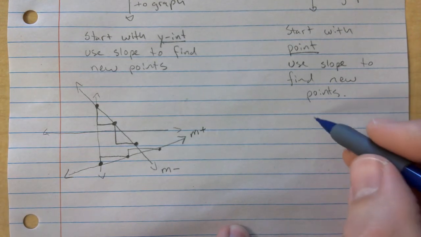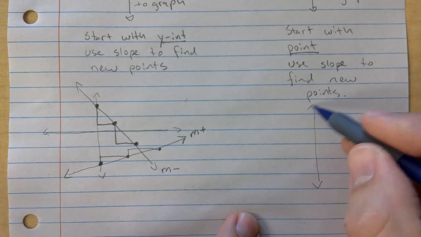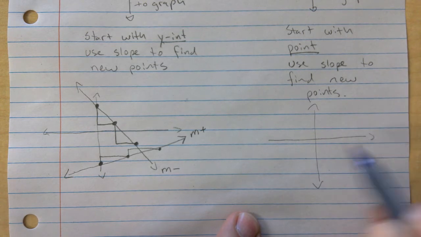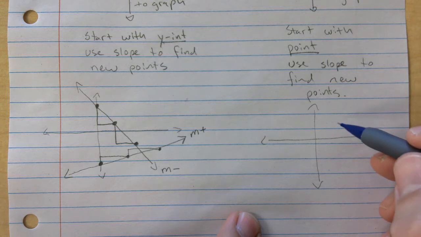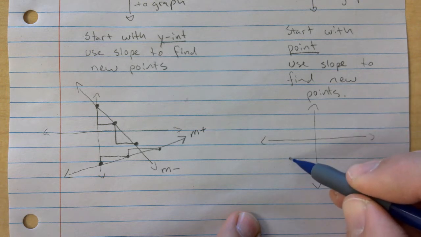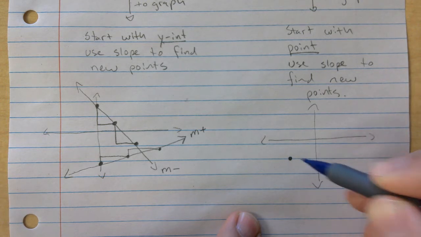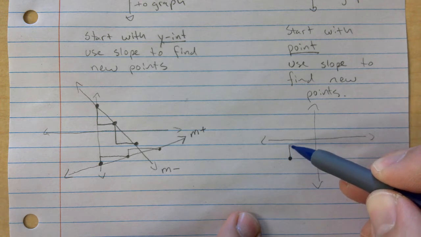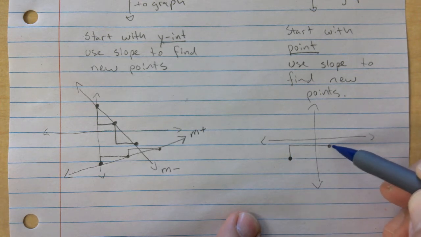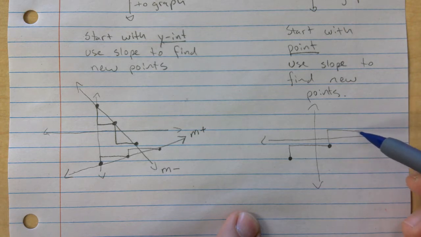In this scenario here, make sure you don't start on the y-axis, right? You're going to start wherever the point may be. Let's say it's here, and then you go from there, right? Let's say a 2/5 slope, 2 up, 5 over, 2 up, 5 over.